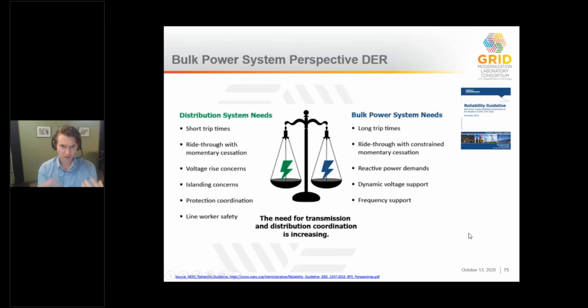So what we've been discussing so far is all related to the local system, and we're going to very briefly, looking at the time here, cover some of the bulk system perspective. And the bulk system has sometimes opposing operating objectives to the distribution system. So it's an important discussion point between distribution system operators and transmission, how to really configure these bulk system responses. Next slide, please.